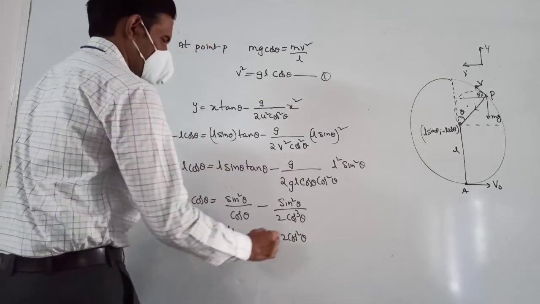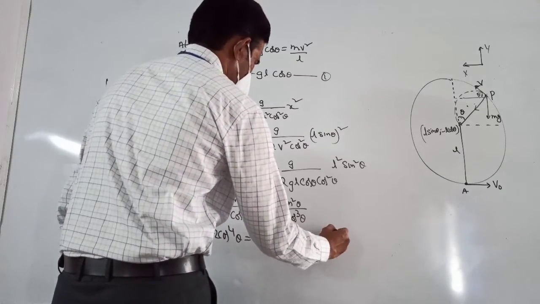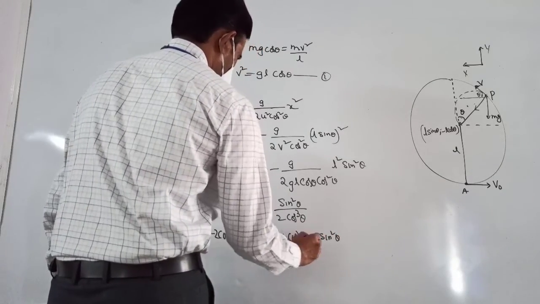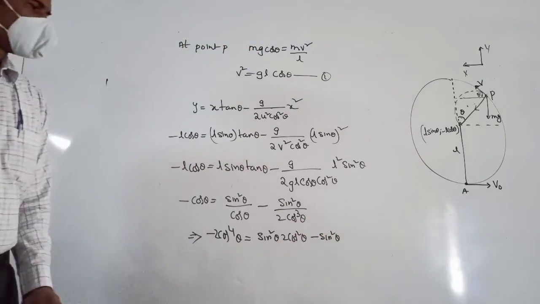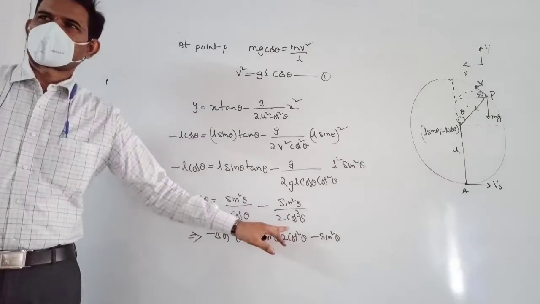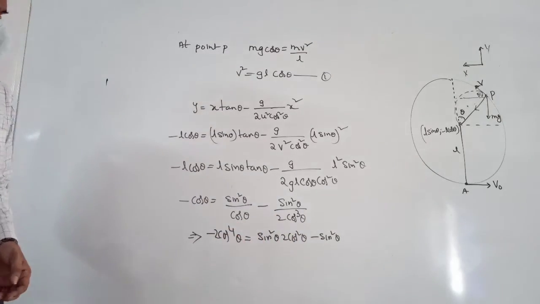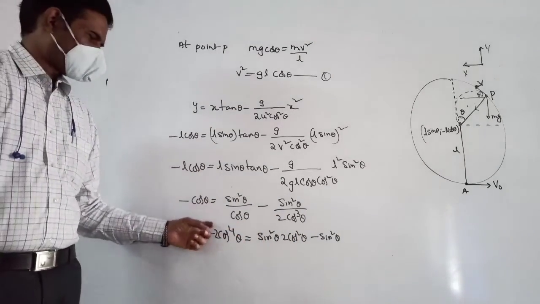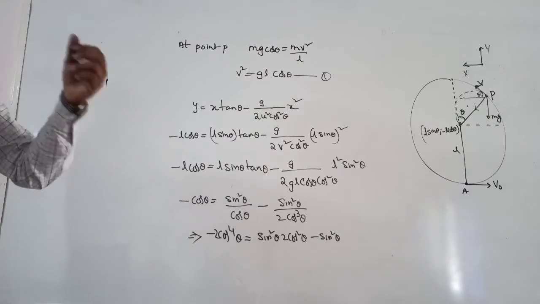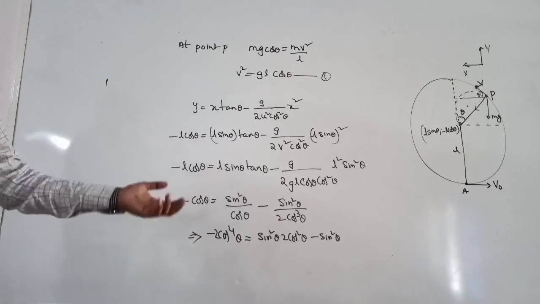I am just taking the LCM here, 2 cos cube theta. So then you will get this equation, and now you can convert the whole equation into a cos square function. In terms of cos power 4 you will get a quadratic equation.